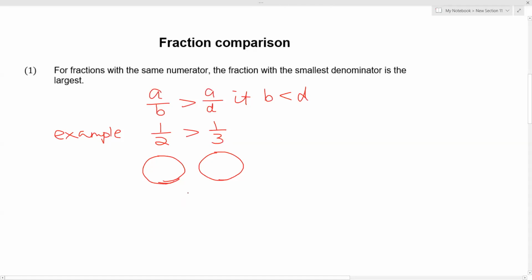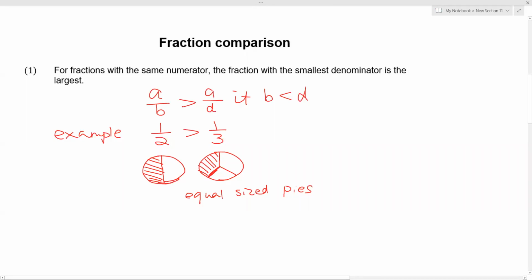So these are same-size, equal-sized pies. For the first one, we're cutting this in half. For the second one, the one on the right, we're cutting this into 3 equal slices. For both of the pies, we're just taking one part out, and we're comparing these parts.